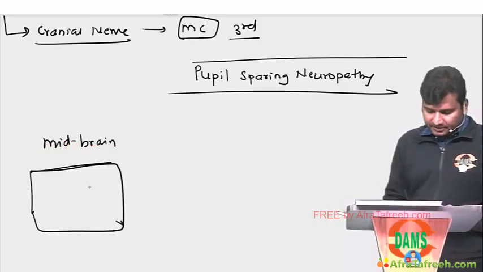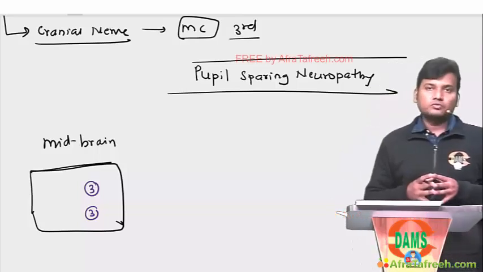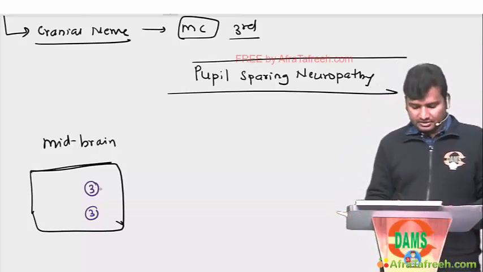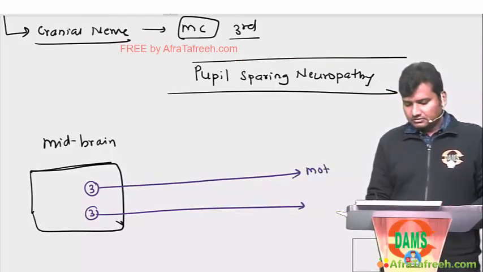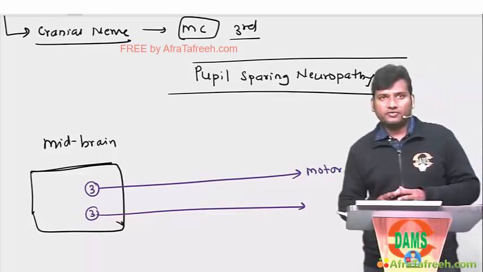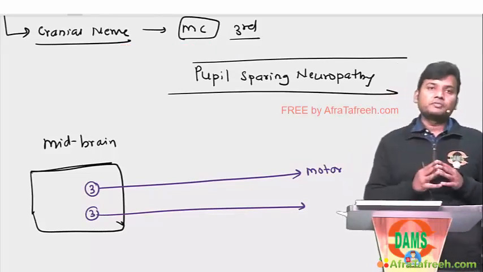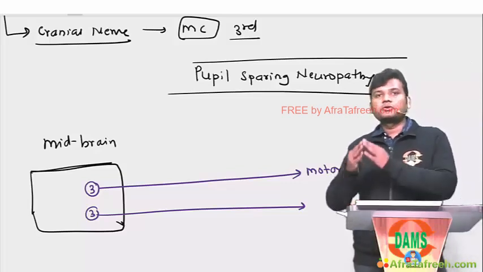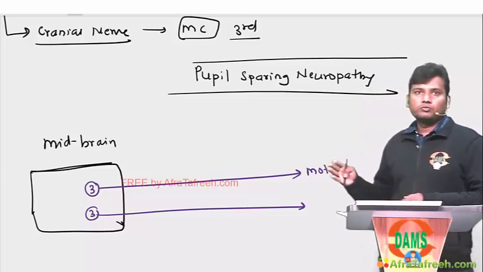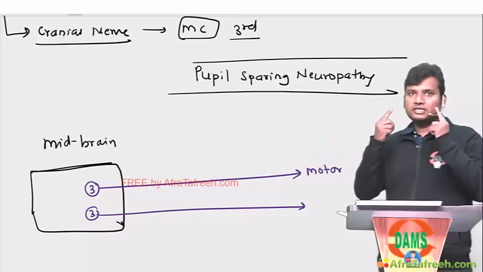Our midbrain is having the motor nucleus of the third nerve, and this motor nucleus gives motor fibers, and these fibers control the movement of the eyeball. Motor fibers are supplying muscles of the eyeball.